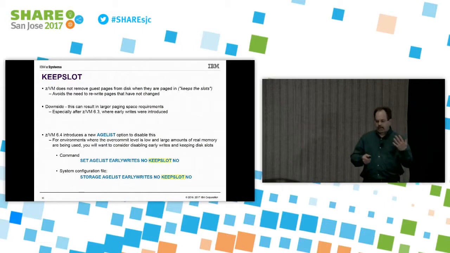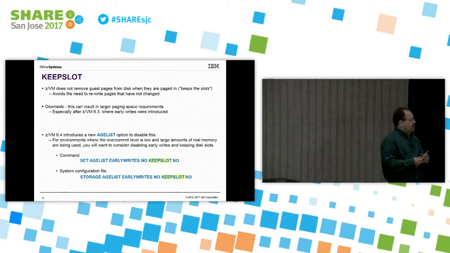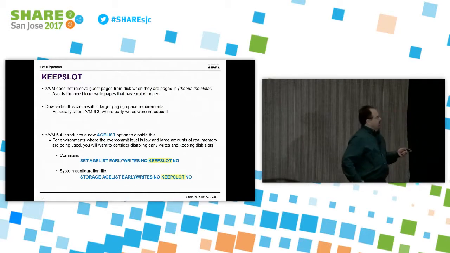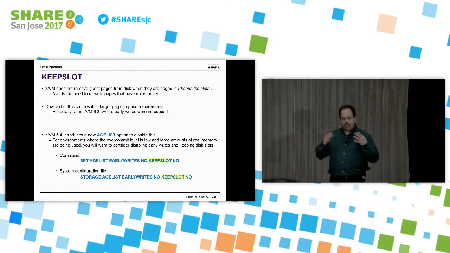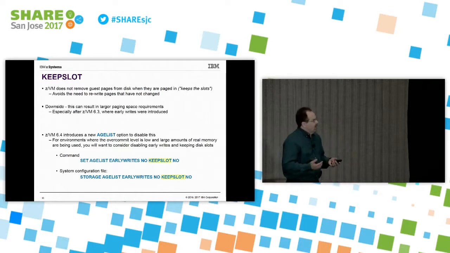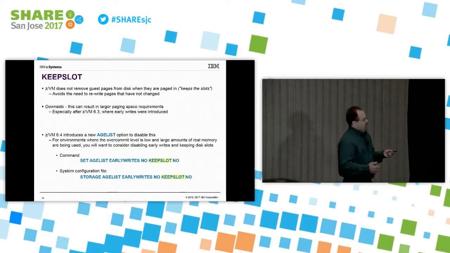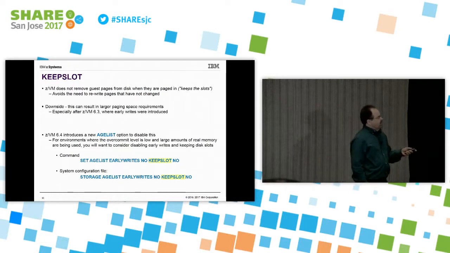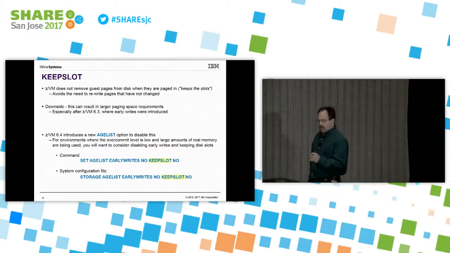But again, you're going to have to wait to do that I/O depending on how much paging you're doing. But if in your environment you have a lot of memory and you're not doing a lot of paging, so the overcommit is low, you have enough memory and you're doing little paging, well, everybody does some paging, you might want to consider disabling these and seeing if it makes any difference.